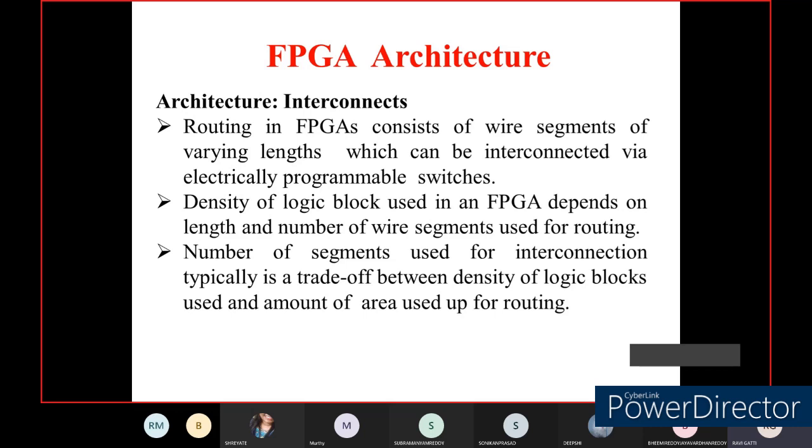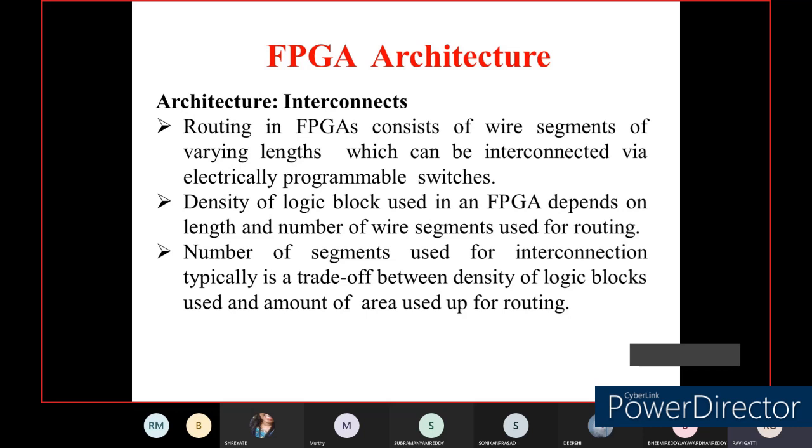If you want a very simple routing mechanism, then you need to reduce the density of the logic blocks which you are going to implement over a certain miniature component or circuit chip. Therefore it is necessary to have a trade-off between the number of logic blocks you are going to use for the implementation and the amount of area you are going to cover for the routing.